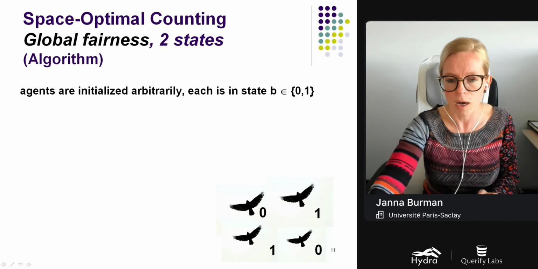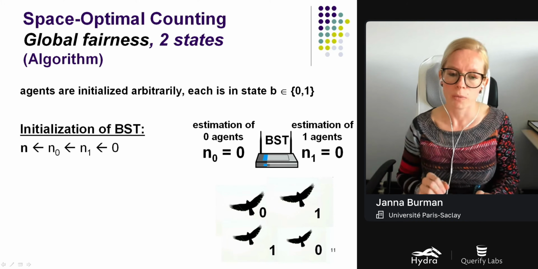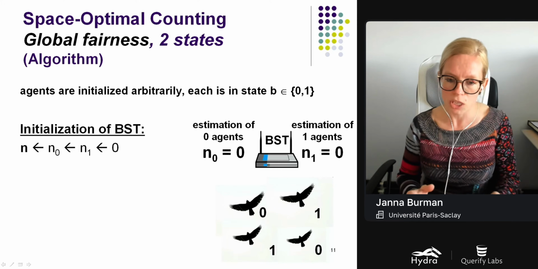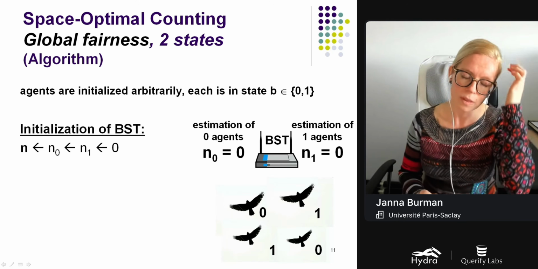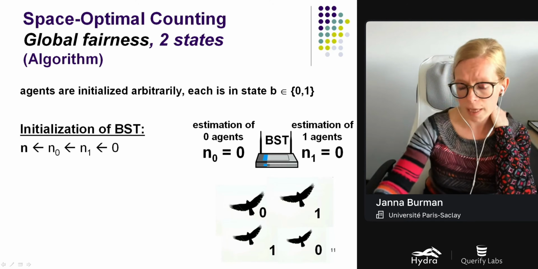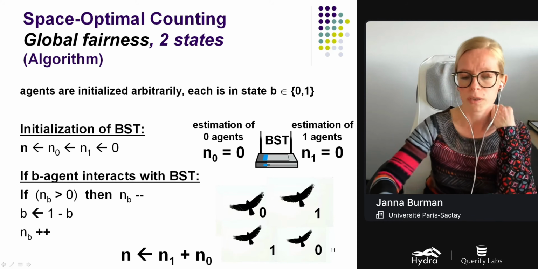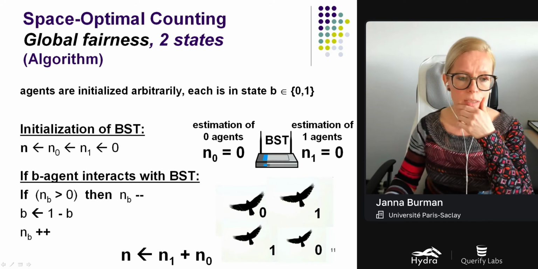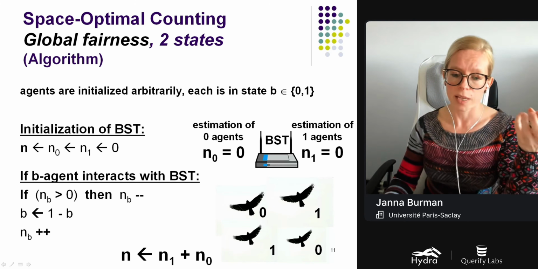So how can the base station count such agents? The base station will be the only agent that we initialize. It will have three counters, n0, n1, and n. This is the pseudocode of the algorithm. It is very simple. The agents themselves do nothing.